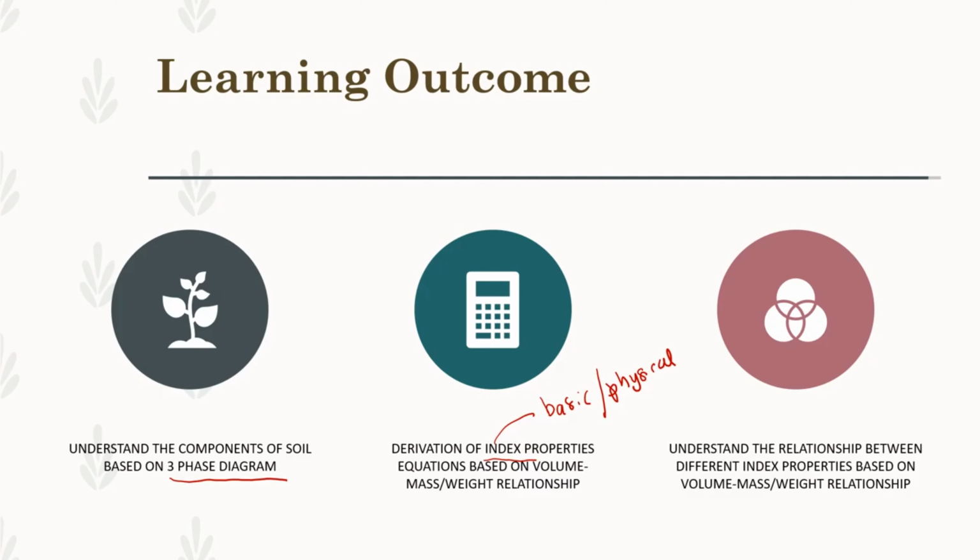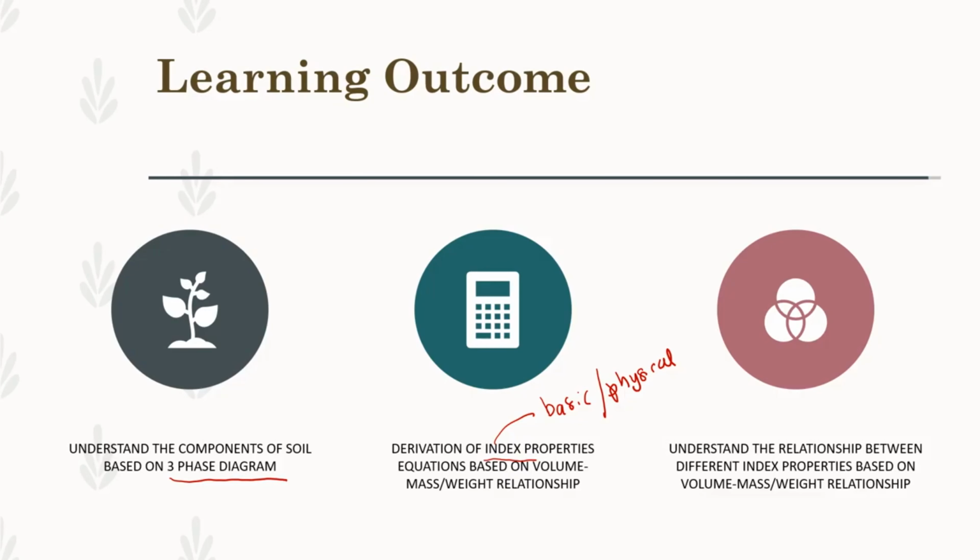So we will introduce some of the basic equations for each of the parameters, by considering the relationships built in the phase diagram. And finally, we hope that students can understand the relationship between different index properties.